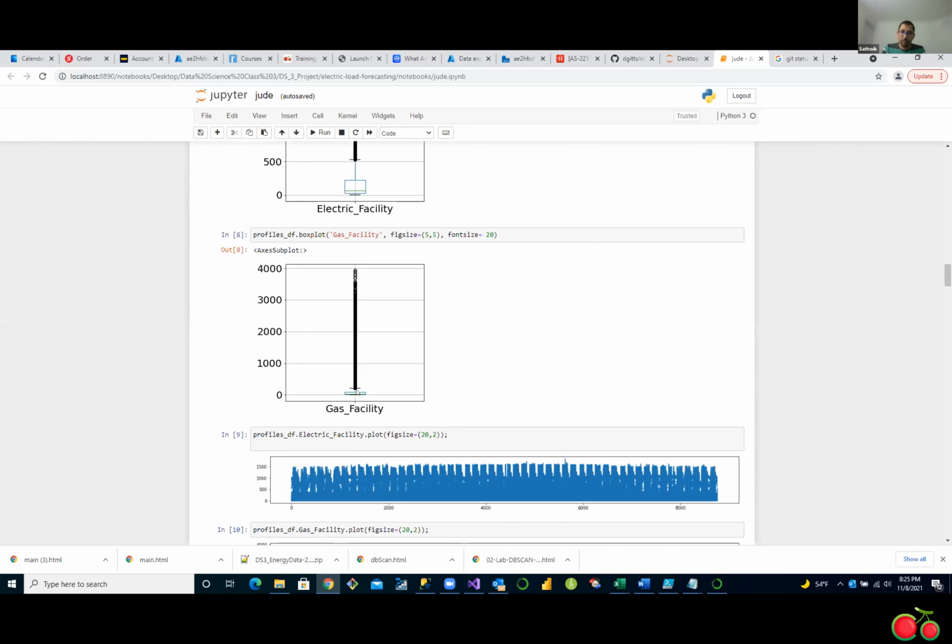The 25th percentile value is 2.1. So all of the middle data for gas lies between 2 and 84, right?